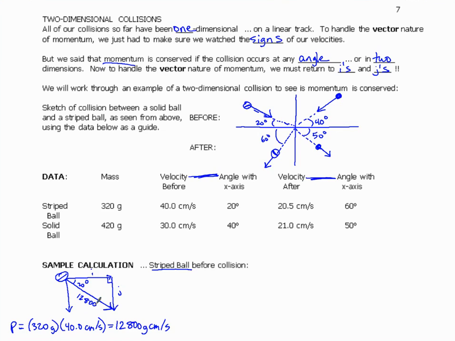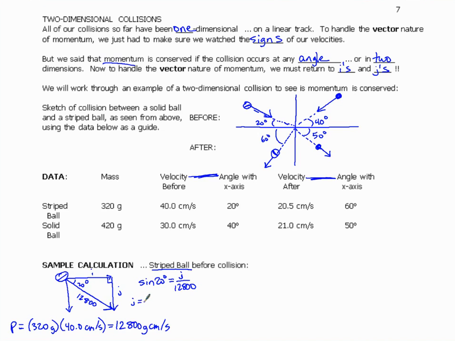So to find the horizontal and the vertical, so to find J, we know the hypotenuse and we know the opposite angle. Sine of 20 degrees is the opposite, J, over the hypotenuse, 12,800.